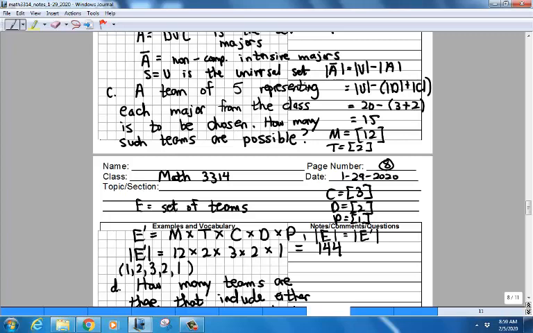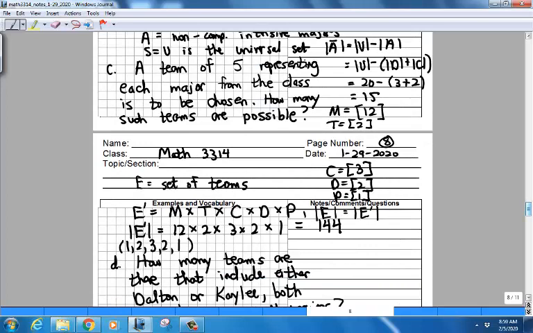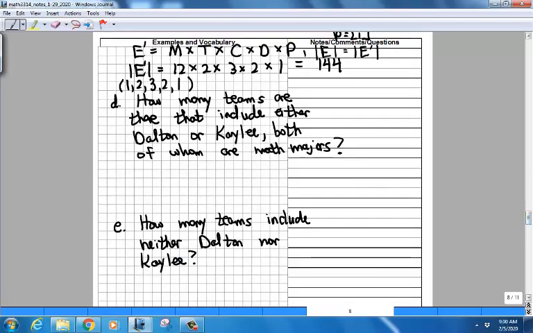All right. Well, let's try another one then. Now that we've got our model set up, we're really in great shape to help us with the counting carefully from now on. But we may need some more models here. So how many teams are there that include Dalton or Kaylee, both of whom are math majors?